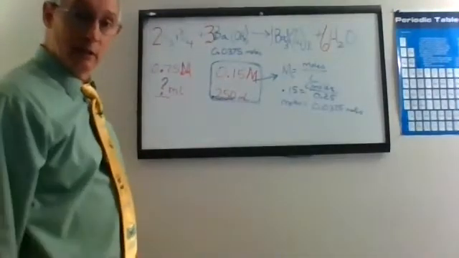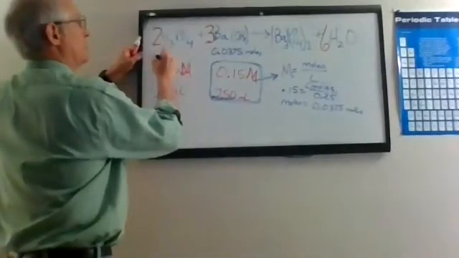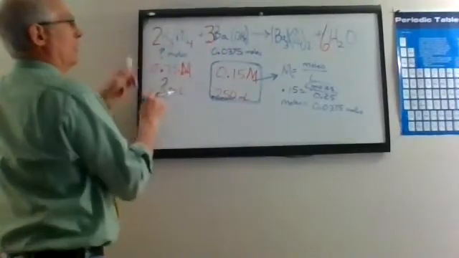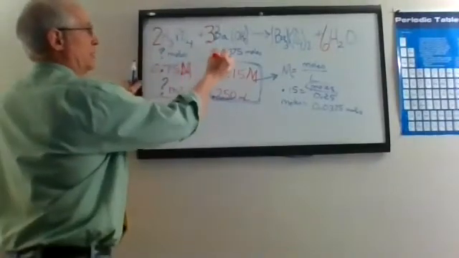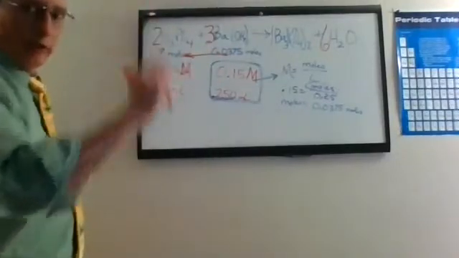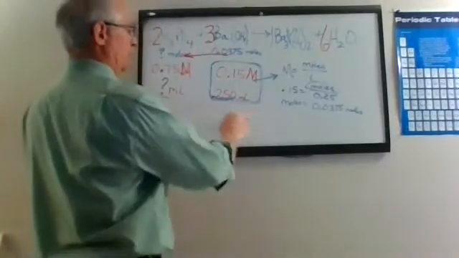Got it? Now let's do our stoichiometry. Question mark moles. How many steps going from here to there? One step. So we're going to do some stoichiometry next. I'll put it right down here.